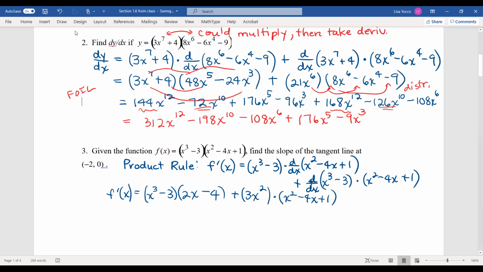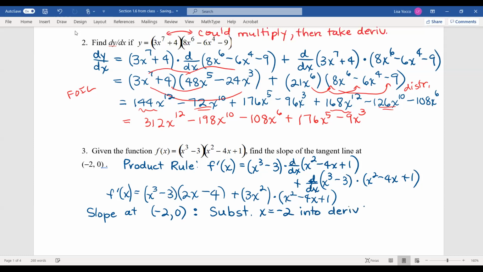Now, if we were just asking for the derivative, we would want to go ahead and simplify that. But we're asked to find the slope of the tangent line at the point -2, 0. So remember, to get the slope at this point, we substitute the x coordinate into the derivative.